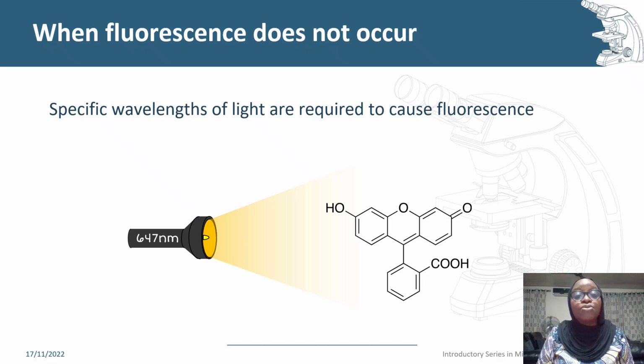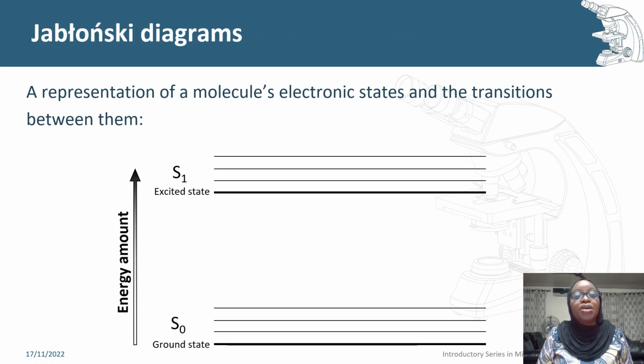Why does the fluorophore require a specific wavelength of light to fluoresce? The illumination light, also called excitation light, must have enough energy, and that takes us to Jablonski diagrams.